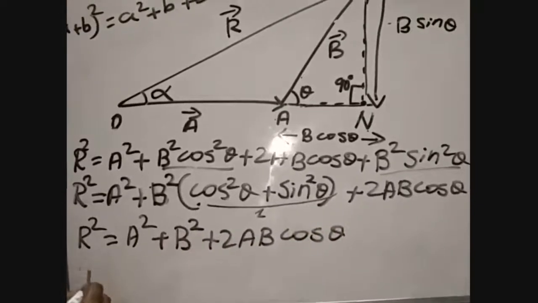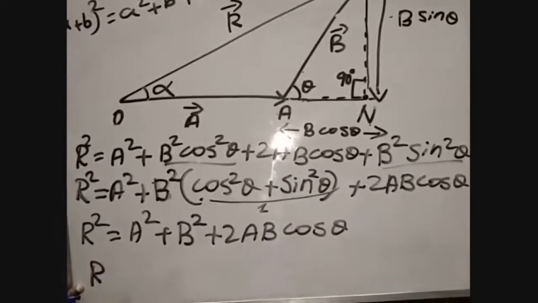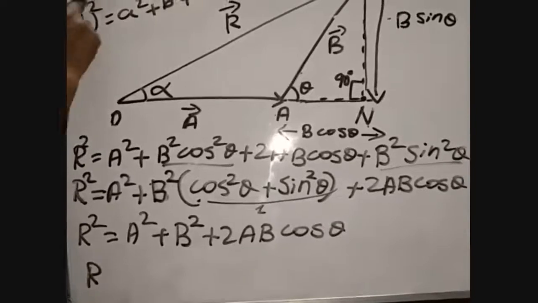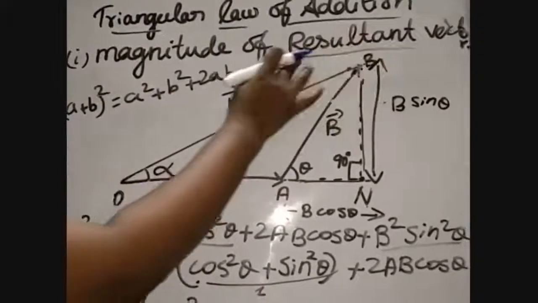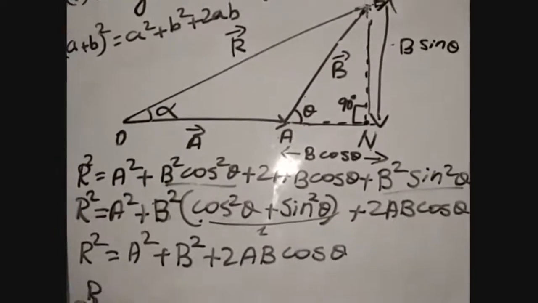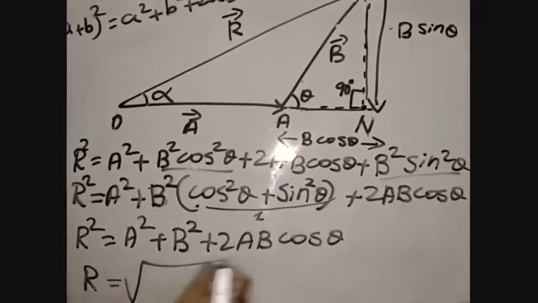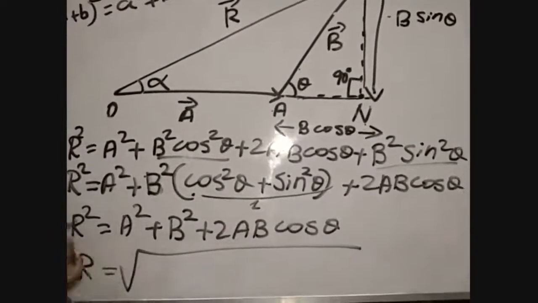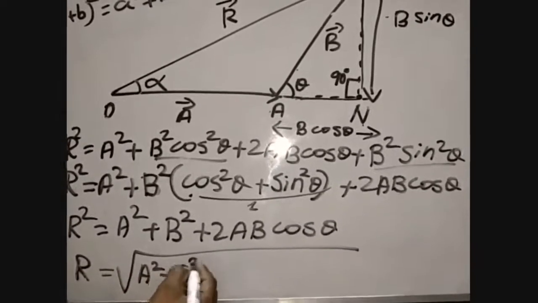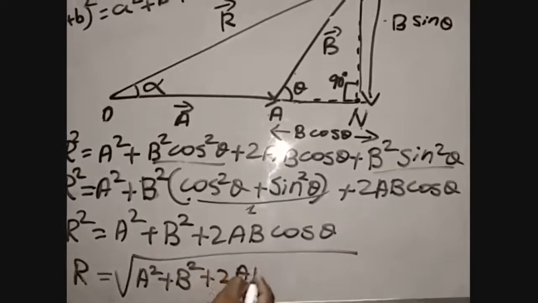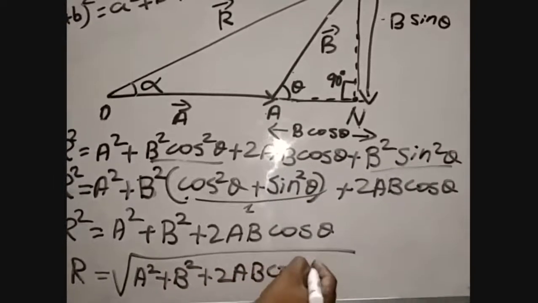Here the topic is magnitude of resultant vector. Here R is the resultant vector. The value of R is equal to square root of A square plus B square plus 2AB cos theta.